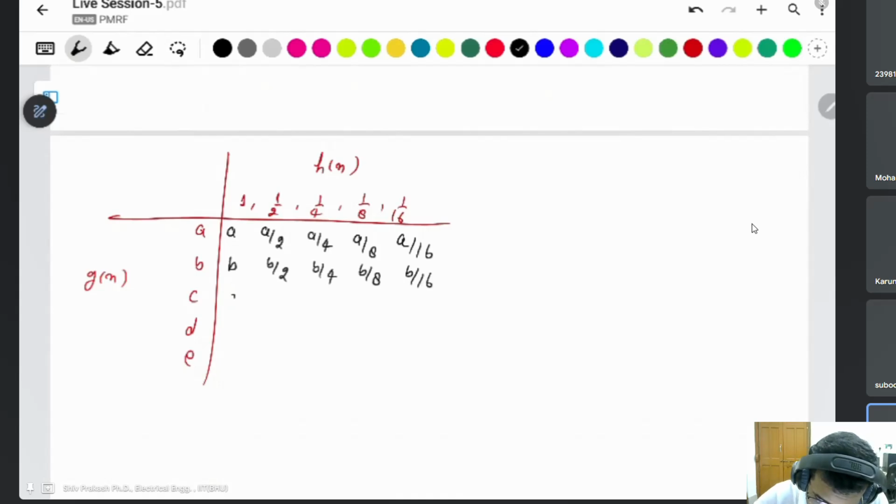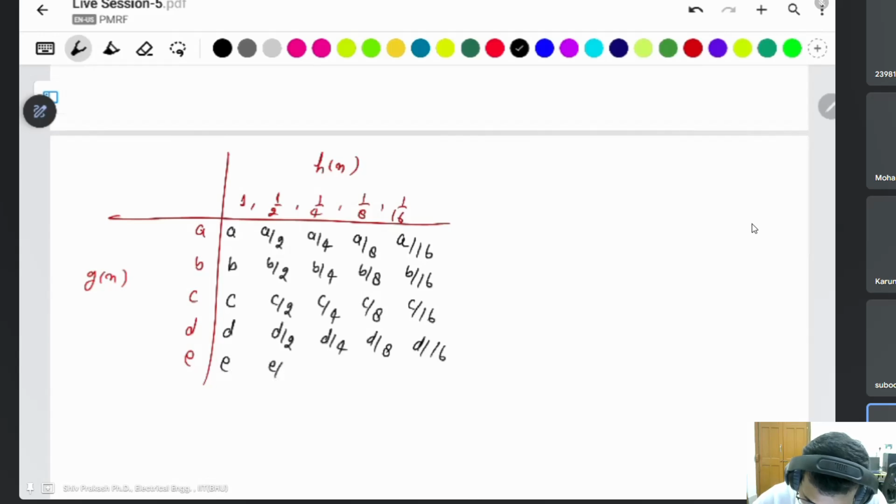And c: c, c by 2, c by 4, c by 8, c by 16. d: d, d by 2, d by 4, d by 8 and d by 16. Then e: e, e by 2, e by 4, e by 8 and e by 16.